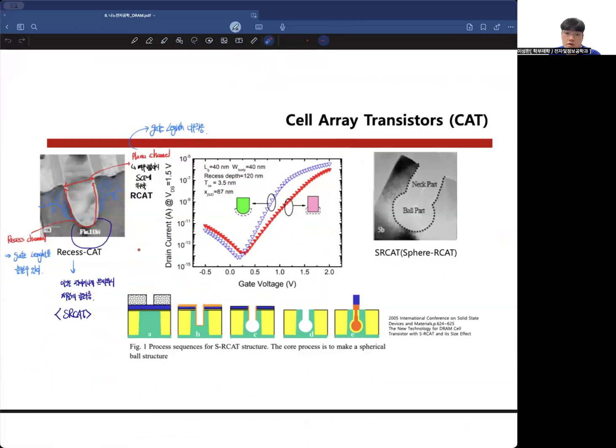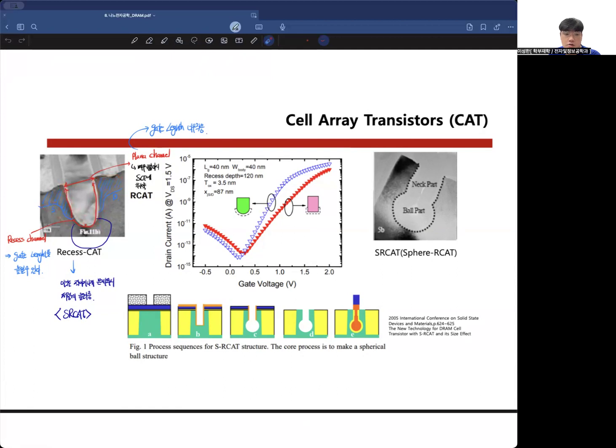We have to devise the scaling down, so the channel length gets shorter. It may cause the short channel effect. So we shift the channel shape to a recess like this, and the drain is like this.